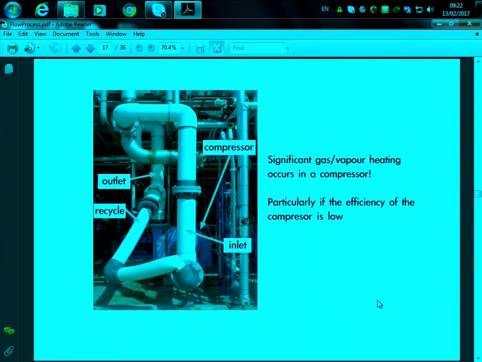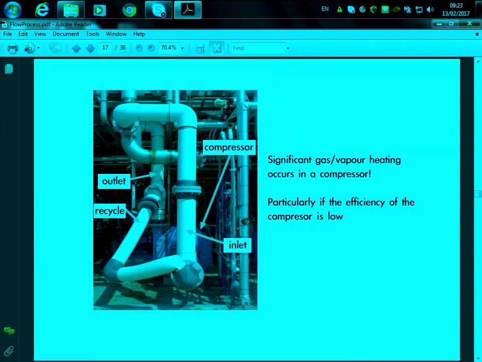And here we can see a photo of a compressor. The compressor is here, it's the blue thing that you can see at the back of the tube, and here will be the gas inlet going through the compressor, and then we will have the outlet over here.